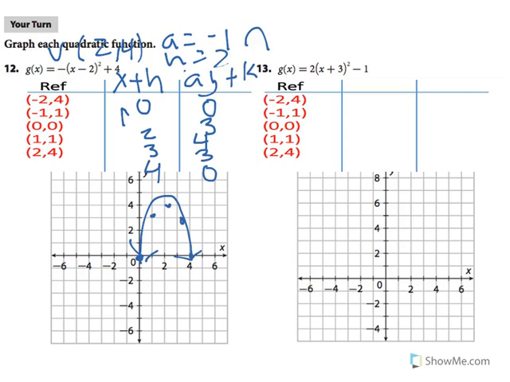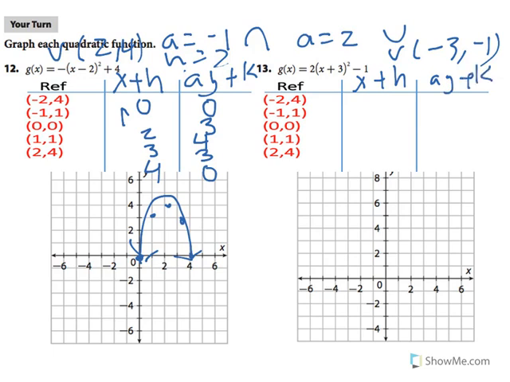And then for number 13, a is positive 2, so the graph will open upward. And the vertex is going to be negative 3 and negative 1. Right, so x plus h, y plus k. Okay, so then negative 2 plus negative 3 gives us a negative 5.